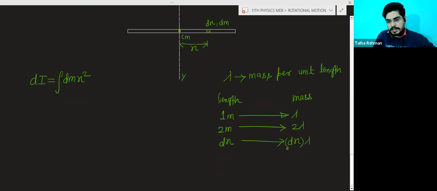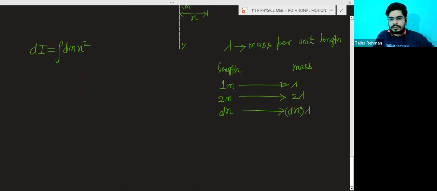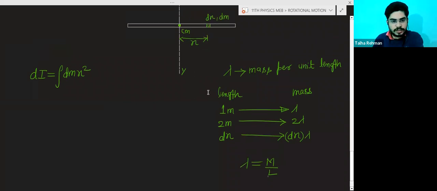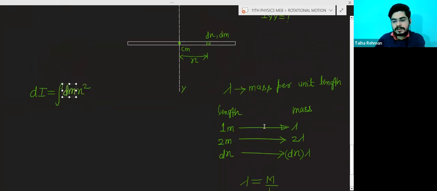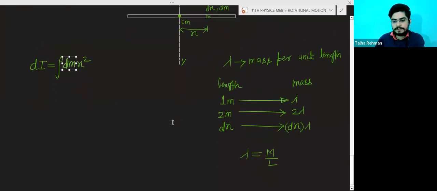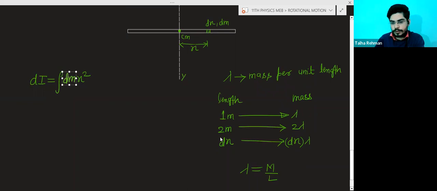And this lambda is a constant quantity, and this lambda is basically the mass of the rod divided by the length of the rod. So what will be the value of this dm mass? This dm mass will be dx into lambda. For dx length, the mass is dm, and that is dx into lambda.